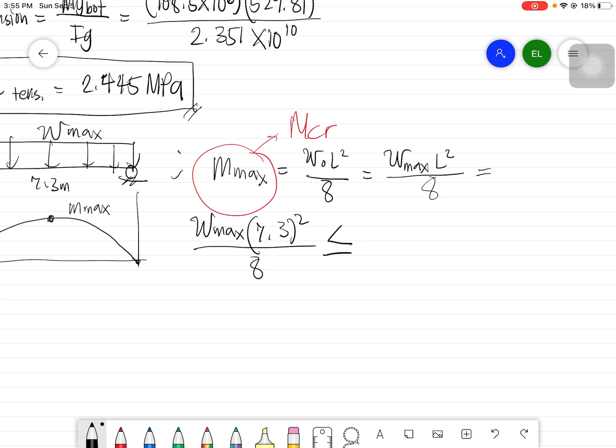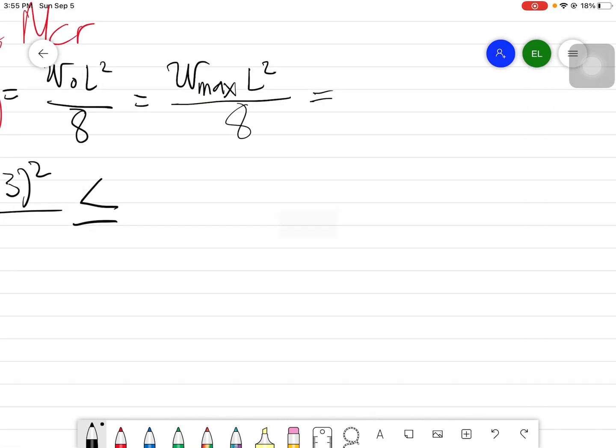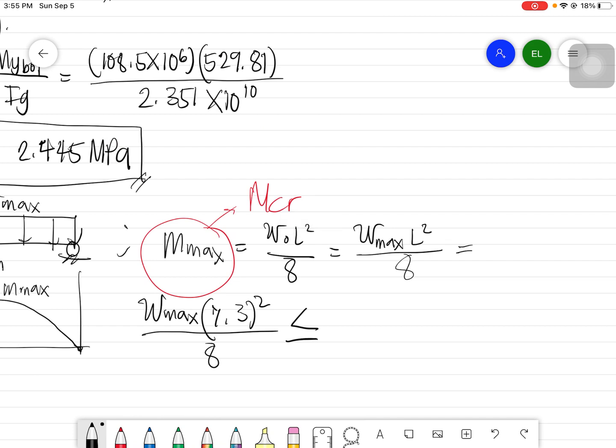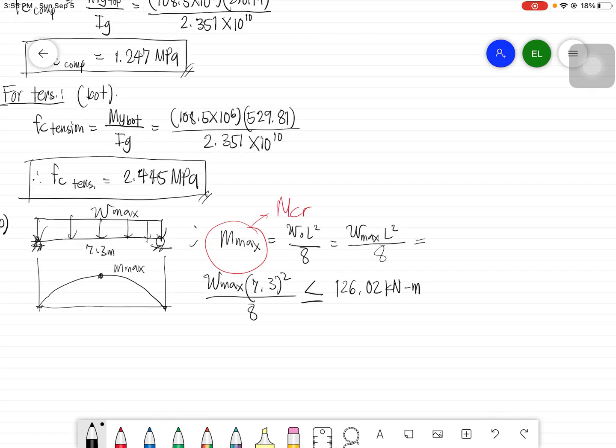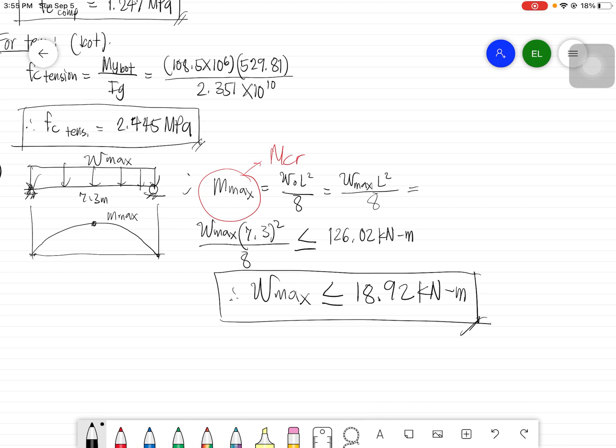Okay, it's less than or equal to the cracking moment, guys, no? The cracking moment is 126.02 kilonewton meter. Okay, so therefore W max should be less than or equal to 18.92 kilonewton per meter.